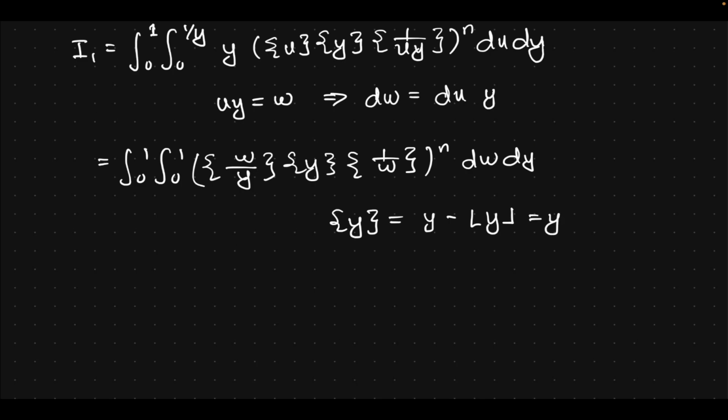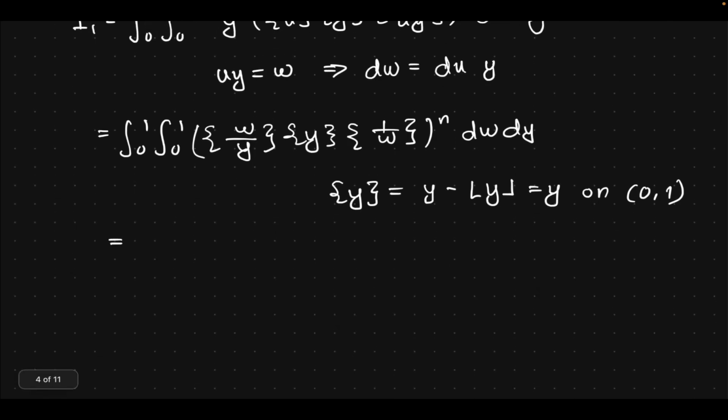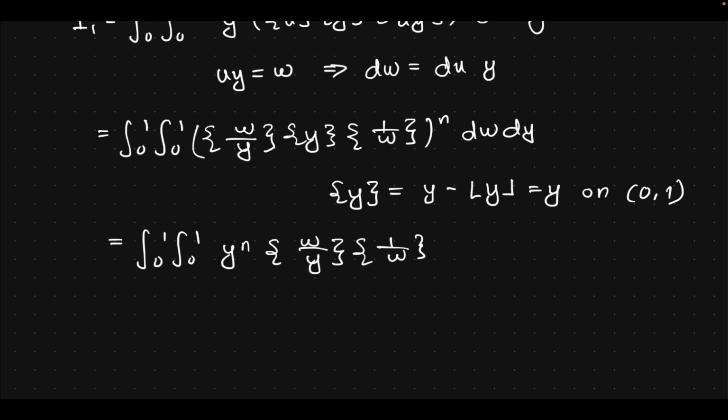We're going to use this again and again. So we can just ignore the fractional part for y, and we get y to the n. But we cannot do that for the other terms yet. This is raised to n. dw dy, let's keep that there.